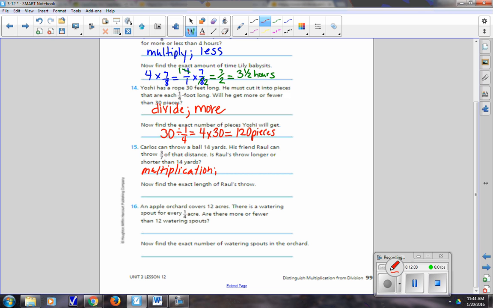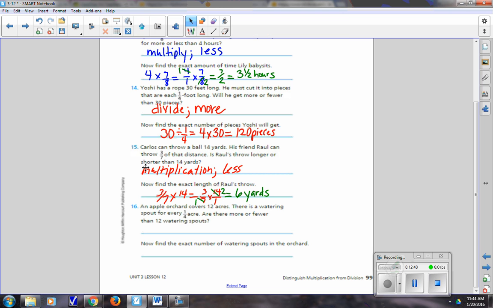Is it going to be more or less than 14 yards? Less. Because it's a piece, right? It's a snippet. So the way I'm going to figure this out is 3/7 times 14, which is really 3/7 times 14 over 1. I am going to reduce now, because I don't like to reduce later, and it's 6 yards.